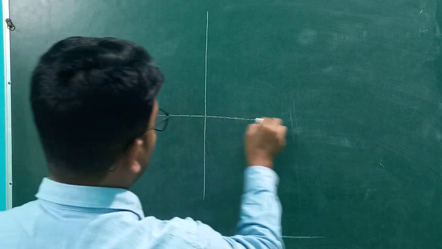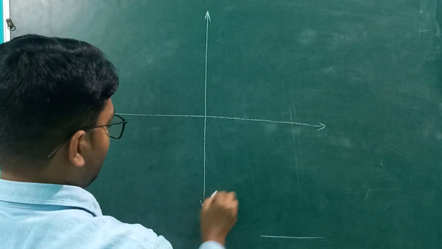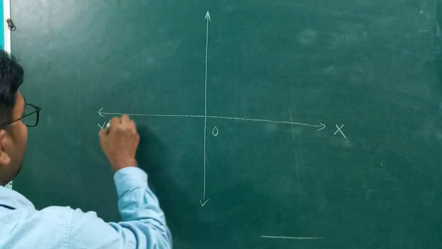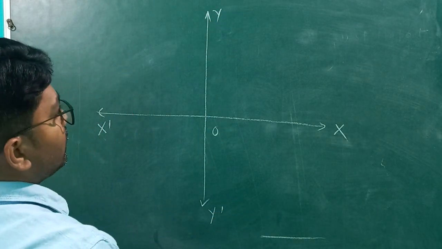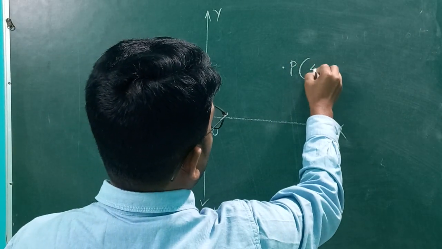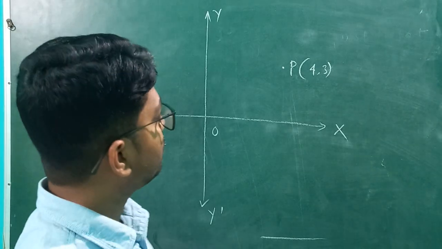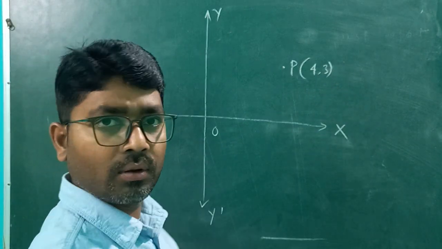Now one common question is there. Suppose there is a point P whose coordinate is 4 comma 3. So what can we say from this coordinate 4, 3?